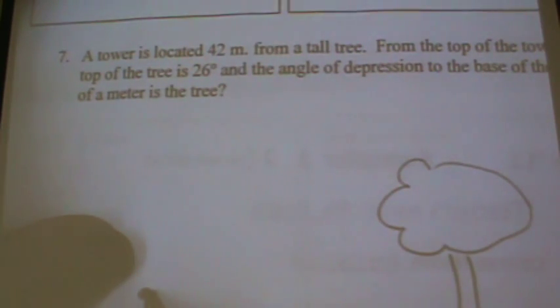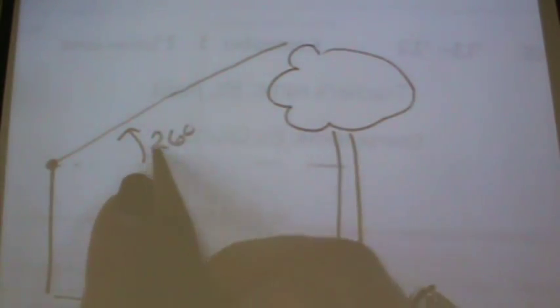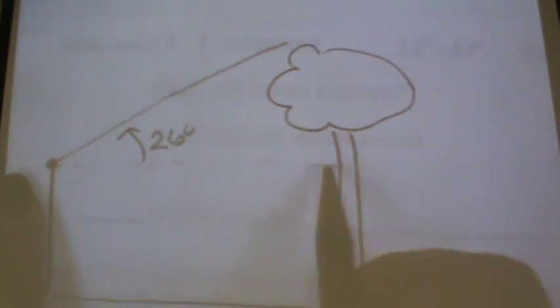Here's the top of the tower. It says the angle of elevation to the top of the tree. So here, you have to draw a horizontal. From here to here is 26 degrees. That's your angle of elevation. From here to here is 42.